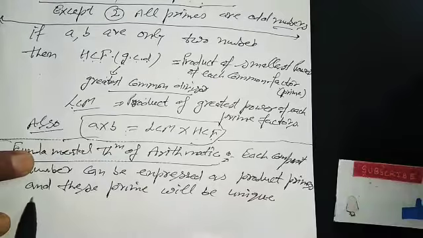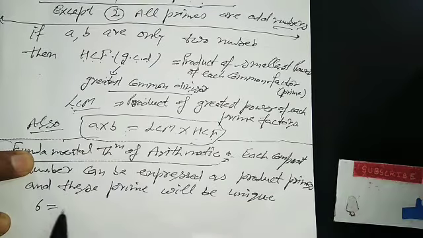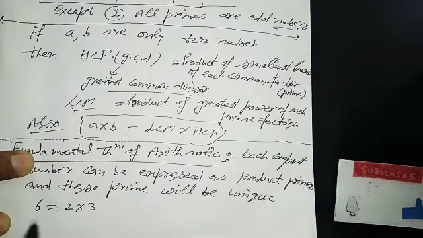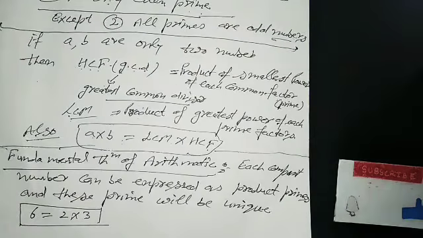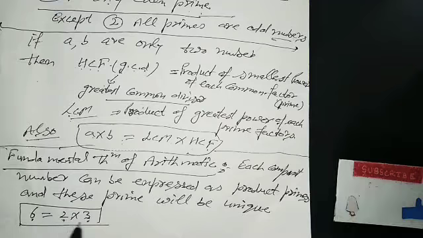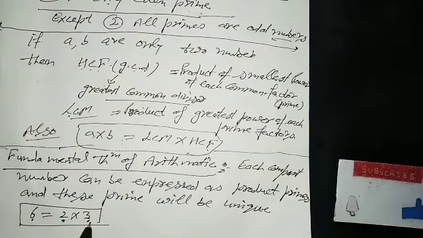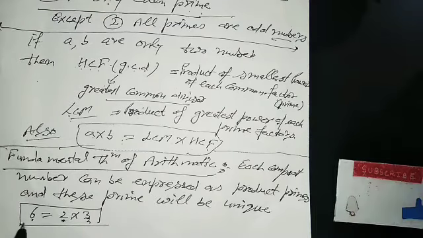Take example. As you know, 6 is composite and it can be factorized as 2 and 3. So what does the fundamental theorem say? It says this composite can be written as product of primes, right? This 6 can be written as product of 2 and 3. These are primes. First. Second, these factors are unique. Can you find another way or another factors which can be said as prime and their product will be 6?